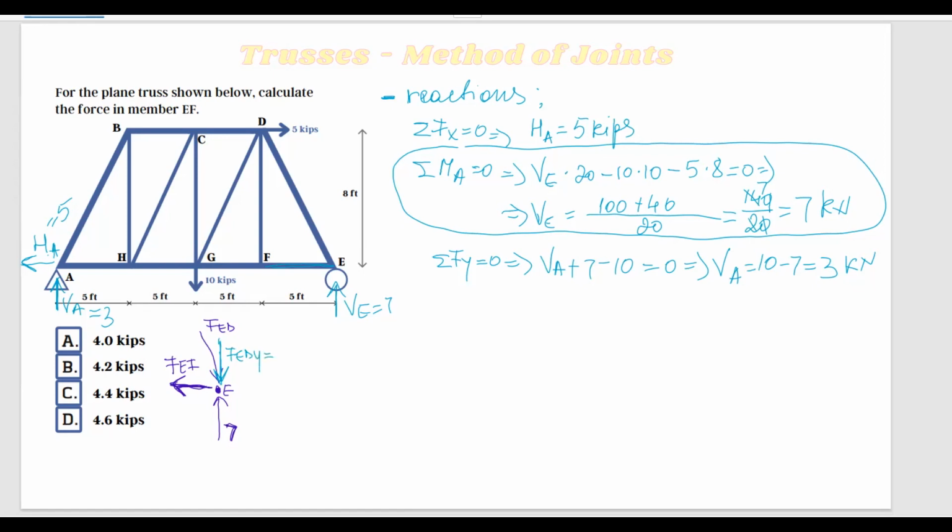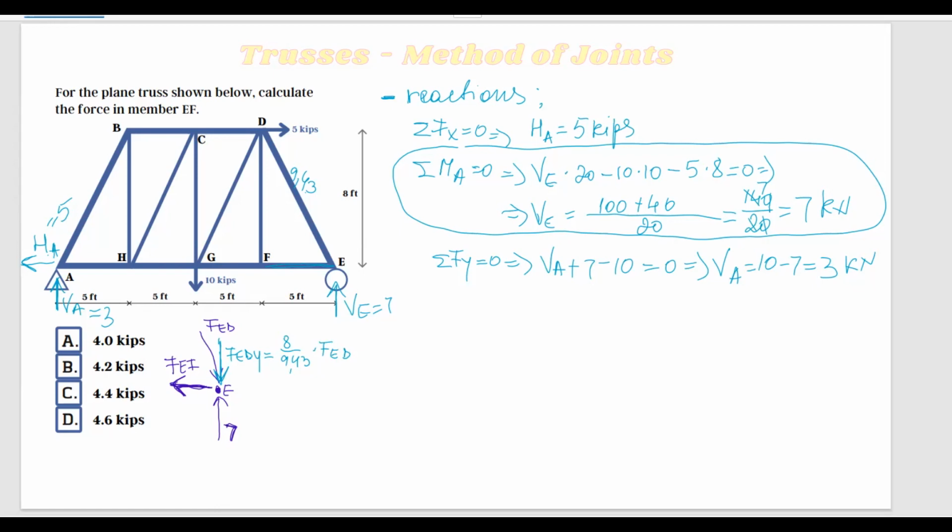which is going to be equal to, if we calculate the hypotenuse here, I'll have 5 squared plus 8 squared, and then the square root of that. This hypotenuse is going to be equal to 9.43, which means if we want to calculate the Y component and the X component, starting with the Y component, it is equal to 8 over 9.43 multiplied by FED.